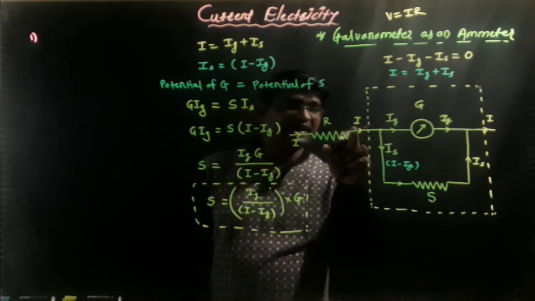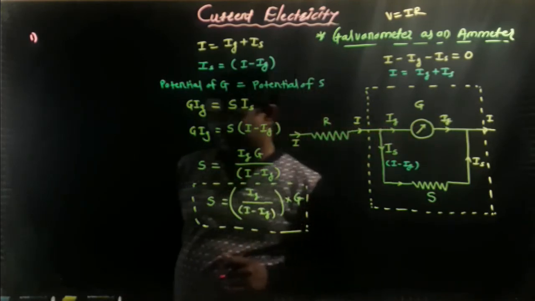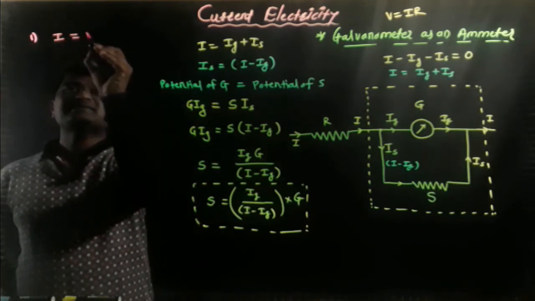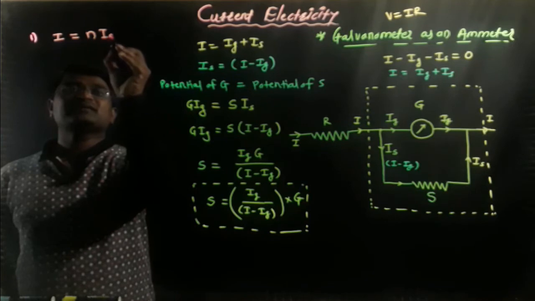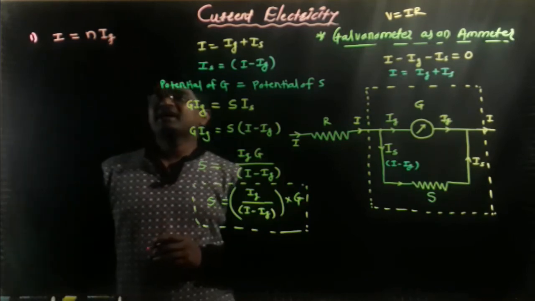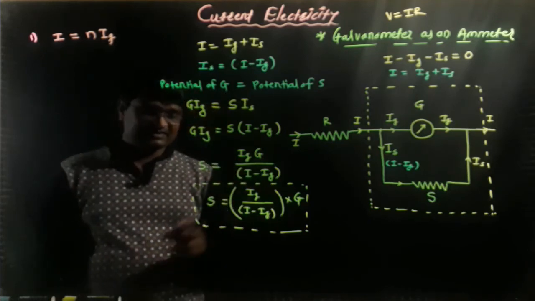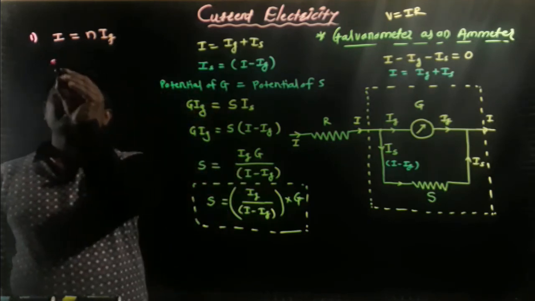If electric current I is n times the current through the galvanometer, what does it mean? It means that I is equal to n times Ig. So what is the value of the shunt resistance S?